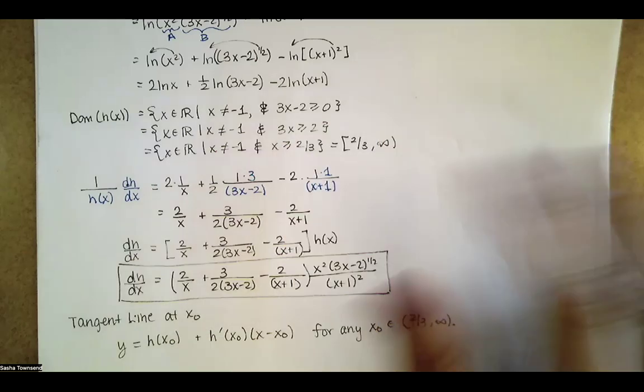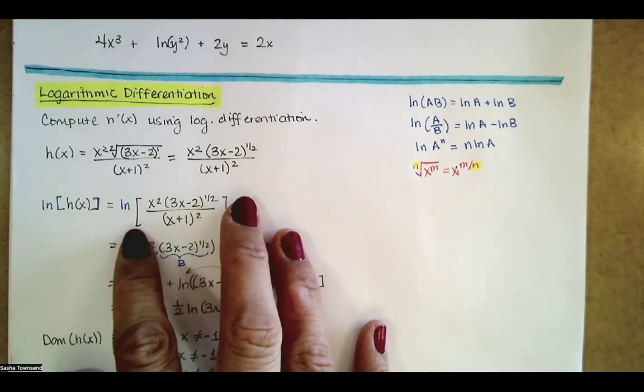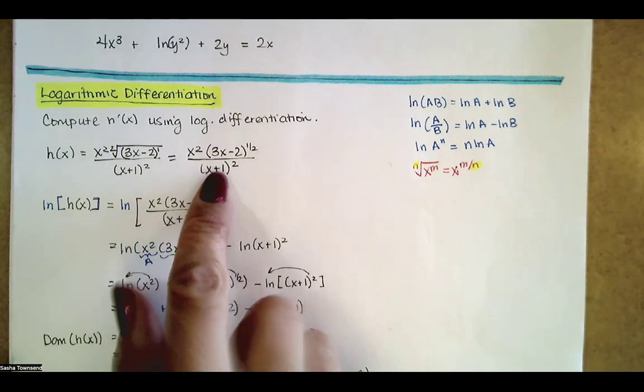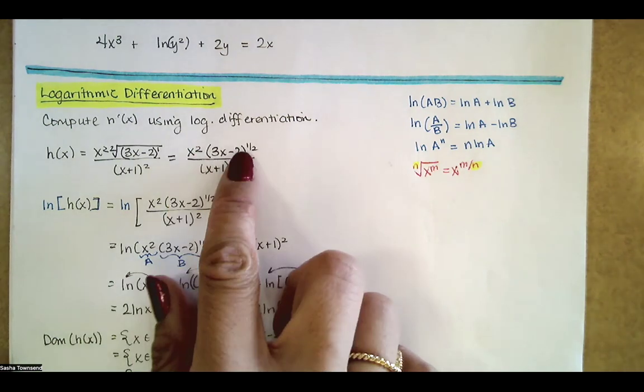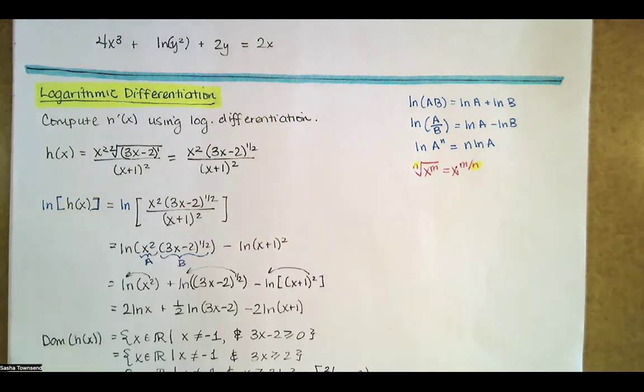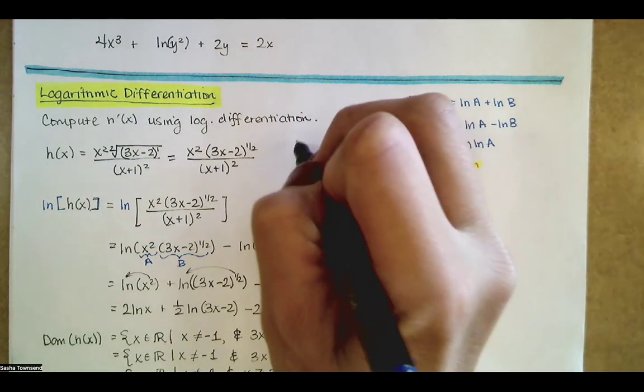I do want to outline what we've done here as far as logarithmic differentiation is concerned. If you have a product or a quotient or something involving products and quotients and powers, often we would use logarithmic differentiation.